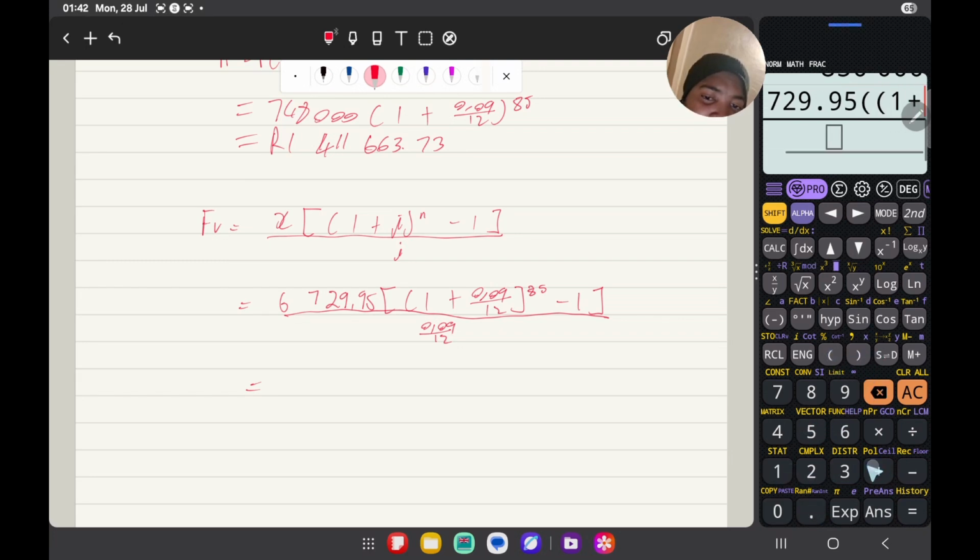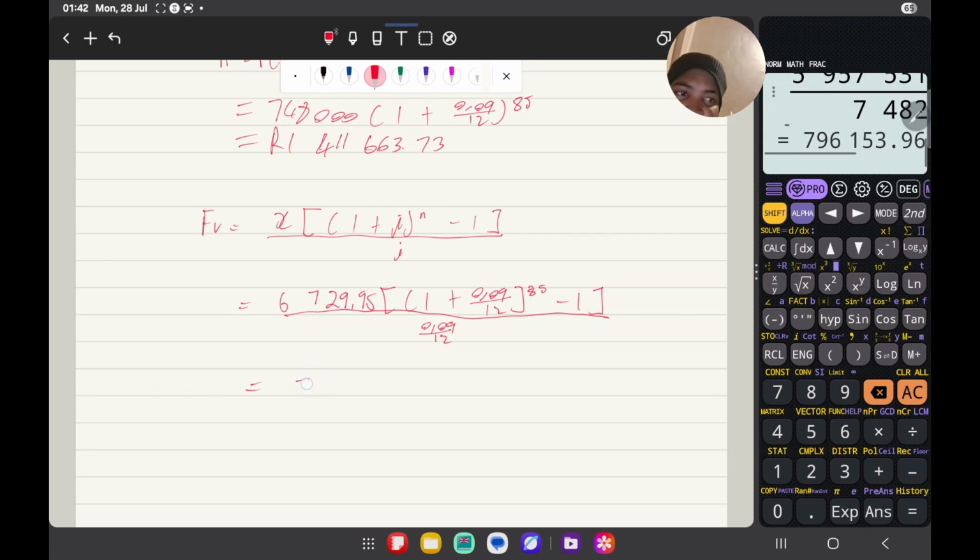1 plus the power of minus 1, then close, 0.09 divided by 12, and the amount is what? 796,153.96.